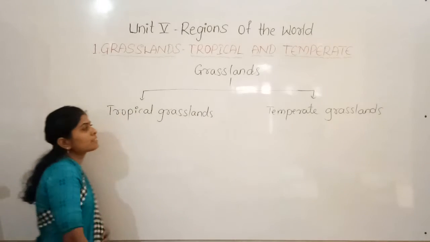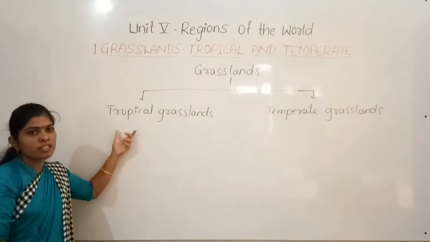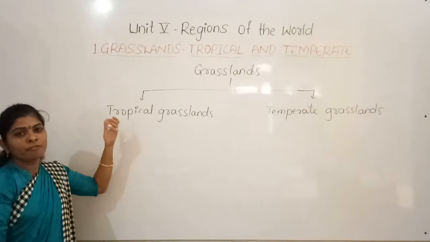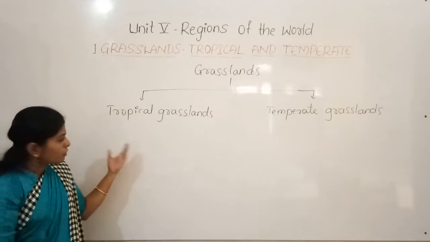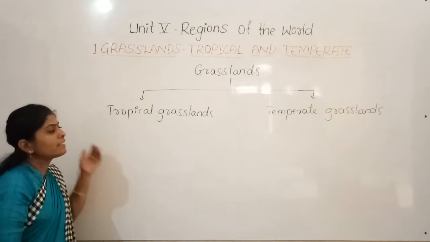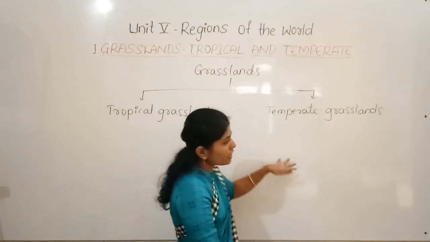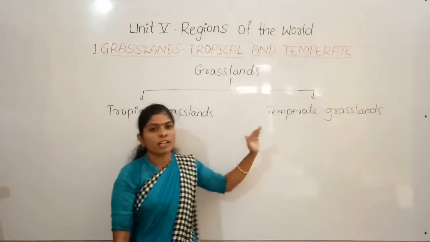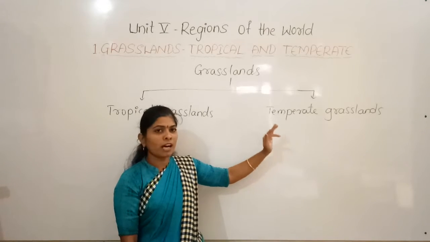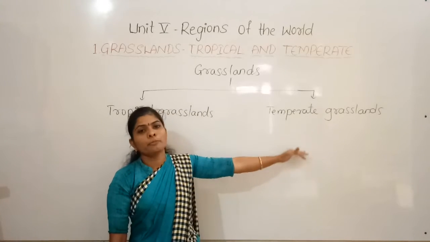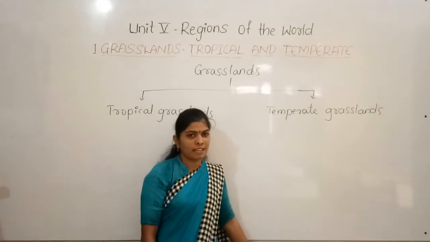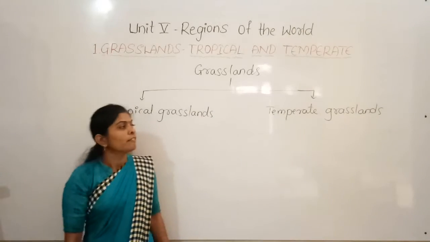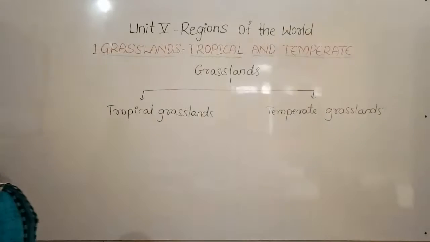In the previous class we discussed the location, climate, flora, fauna and human life in the tropical grasslands, and the same way in today's class we can discuss the location, climate, flora, fauna and the human life and their occupations in the temperate grasslands. Let me begin with that.